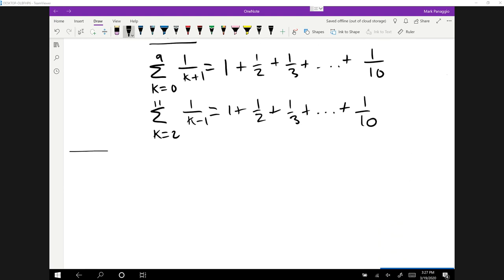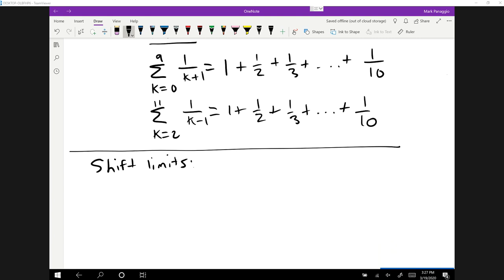All right, so how do we do that? Well, really there's a couple of steps. How do we shift the limits? Well, the first step is we need to adjust both the lower and the upper limits.